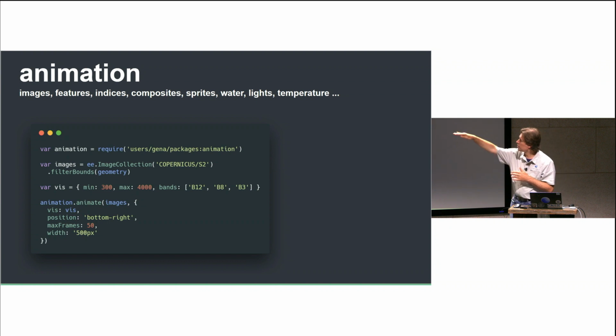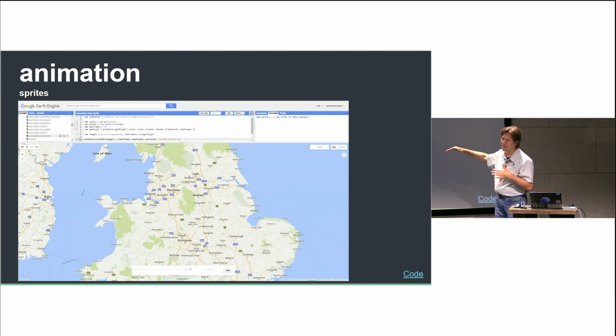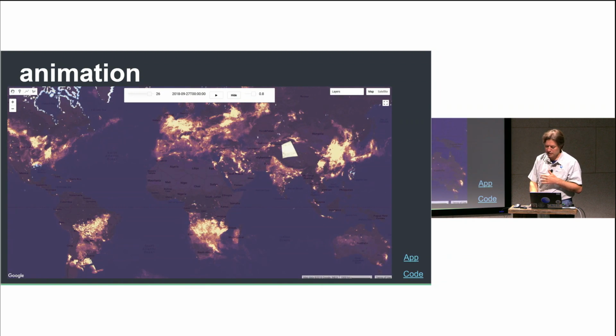You could import the animation package, or call it whatever you want, via require. Once you have an image collection, you could specify visualization parameters and just call this function, animate. What it will do is add a number of image layers from the image collection as layers in the map. Then you could just run the animation like what you see here, or you could also swipe.